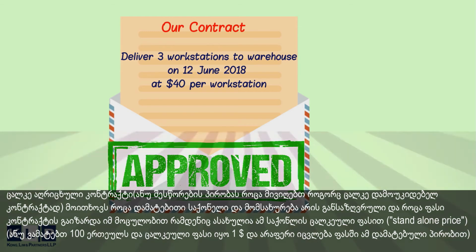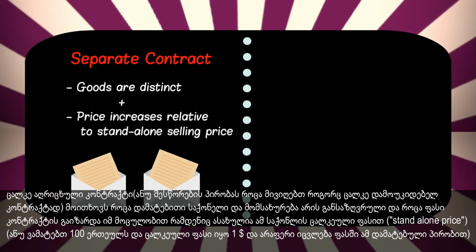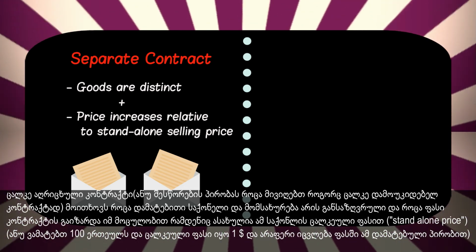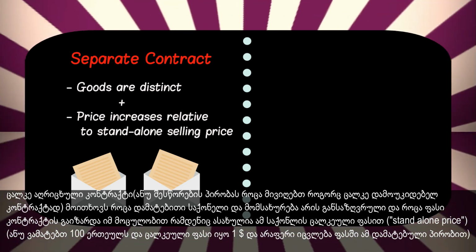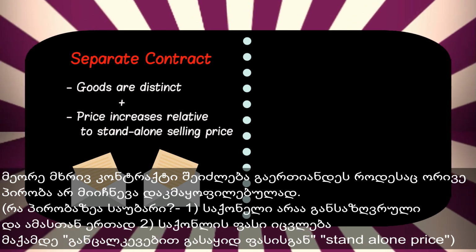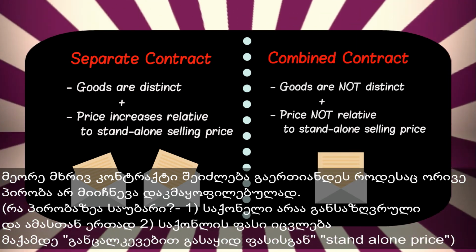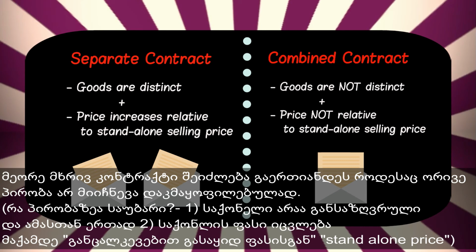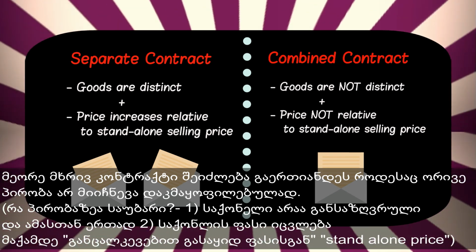A separate contract is required when the additional goods or services are distinct and when the price of the contract increases by an amount that reflects the entity's stand-alone selling price. On the other hand, a contract can be combined when both of these considerations are not met.